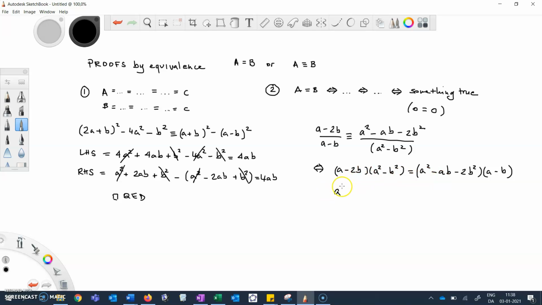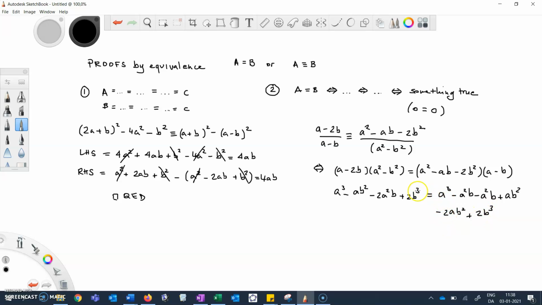So I'm going to have a cubed minus ab squared minus 2a squared b plus 2b cubed equal to, now working out the right-hand side, a cubed minus a squared b minus a squared b plus ab squared, and then minus 2ab squared and plus 2b cubed.